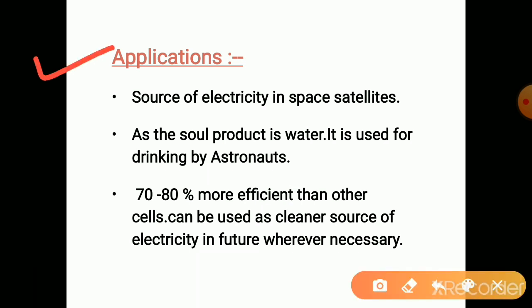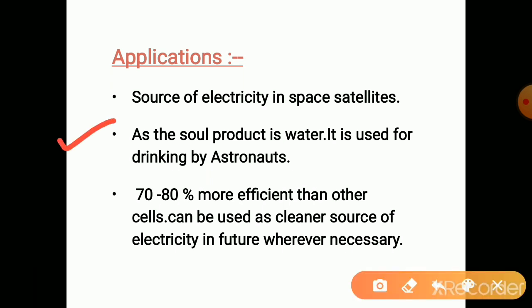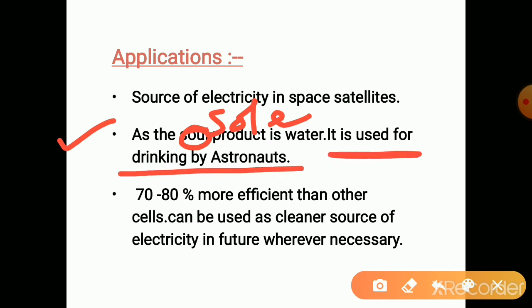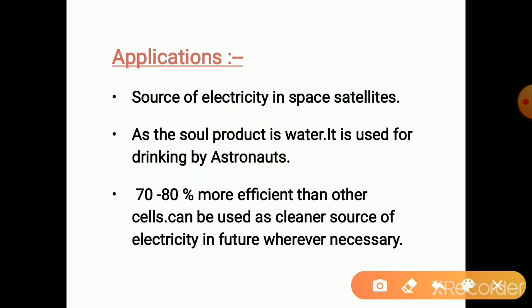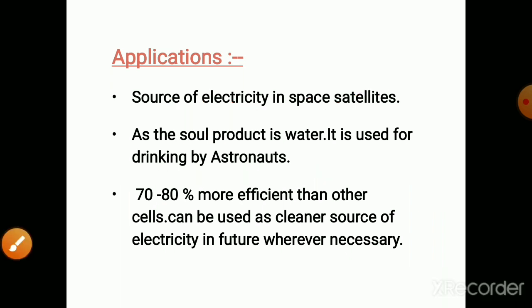Applications of fuel cells: they act as a source of electricity in space satellites. In space satellites, the electricity source is the fuel cell. As the sole product is water, it is used for drinking by astronauts.